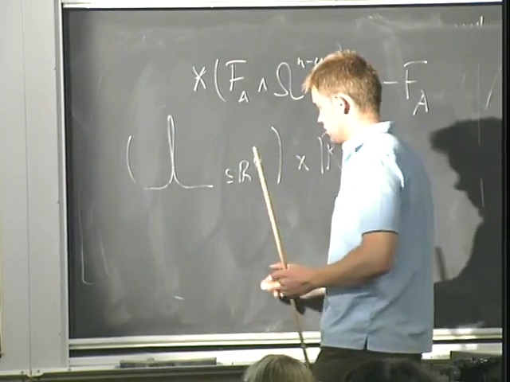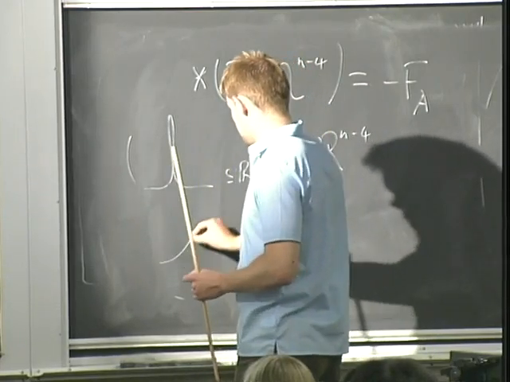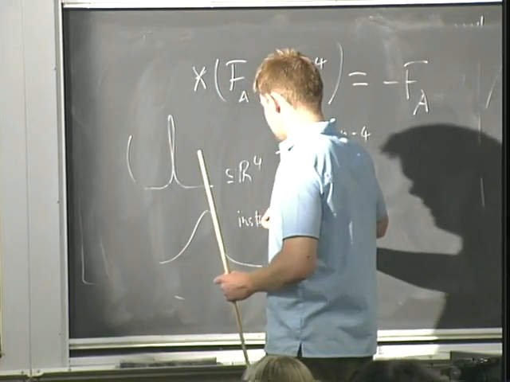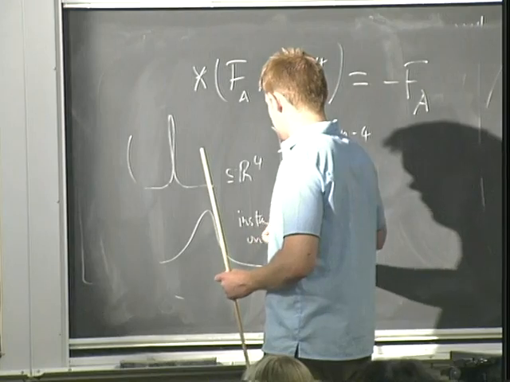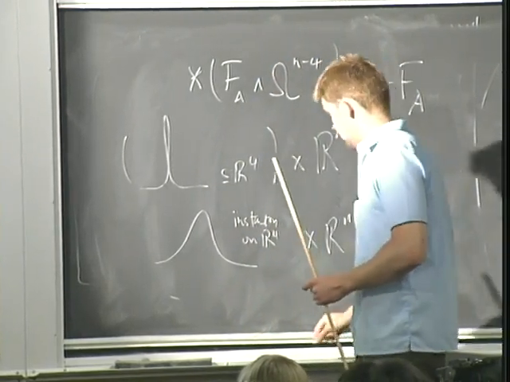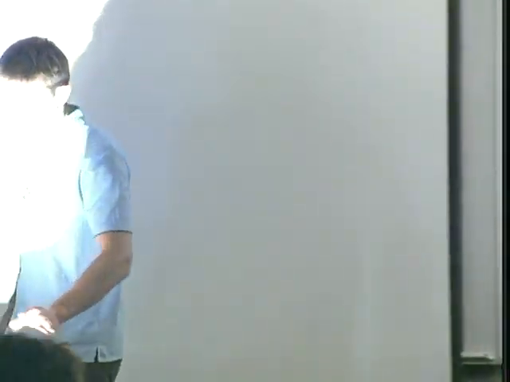And what you find is the resulting thing that you get on this tangent space is an instanton, a solution of the anti-self-dual equations on R4 times R^(n-4). This is just the local analysis around one point of this bad blow-up locus.